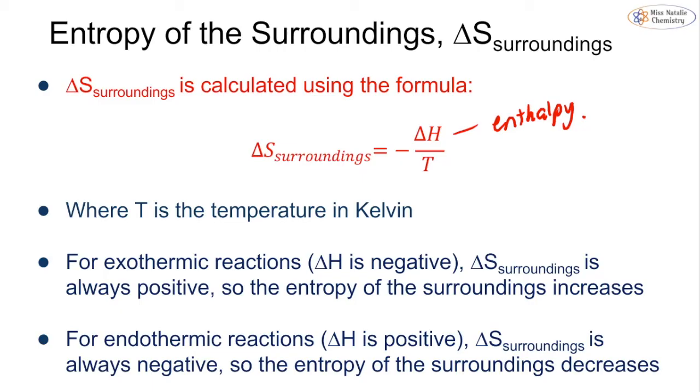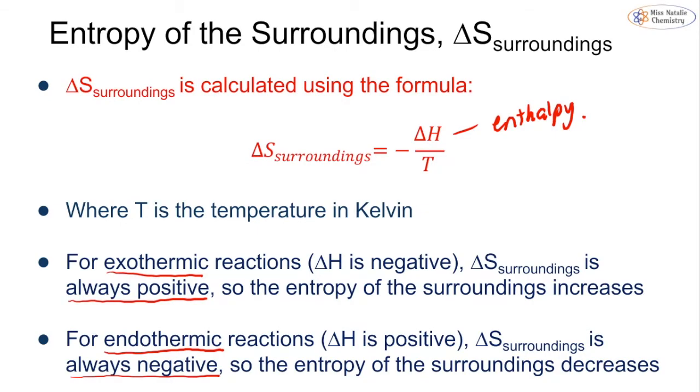So the delta S surroundings is always positive for exothermic reactions. So the entropy of the surroundings is going to increase. For endothermic reactions, where our delta H is positive, our entropy of surroundings is always negative because our entropy of surroundings is decreasing.